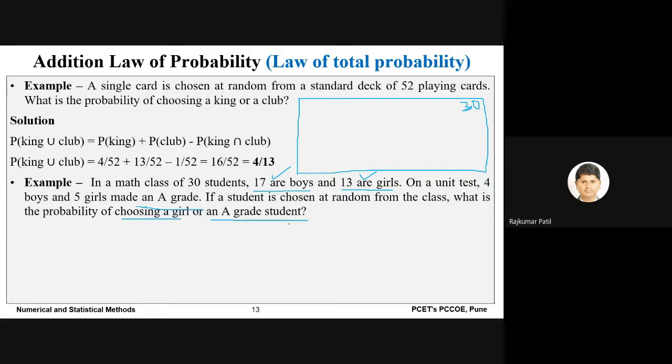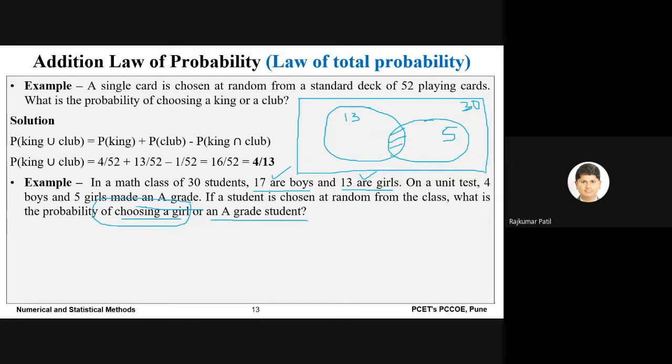So how many girls are there in the class? There are 13 girls in the class. So probability of getting girls is 13 by 30. And at the same time, how many girls are there who received A grade? So 5. There are 5 girls who received A grade, and this is the overlapping area.